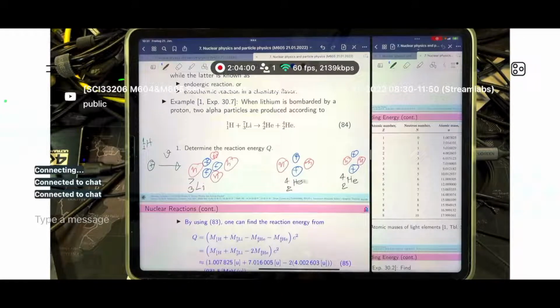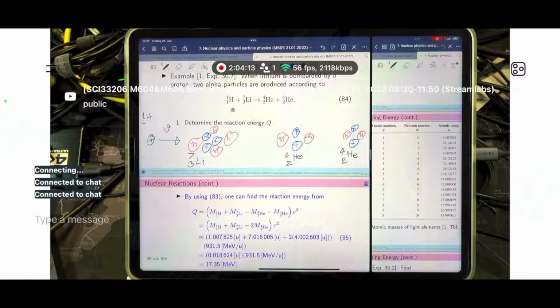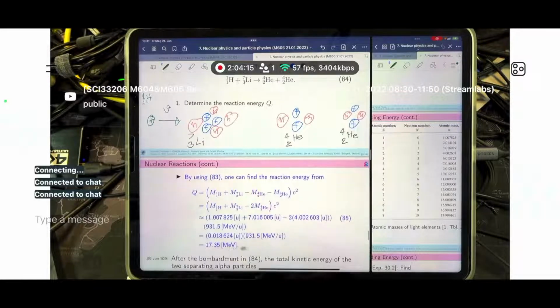Both alpha particles will have kinetic energy greater than the input kinetic energy here, because the energy difference between input and output becomes positive.